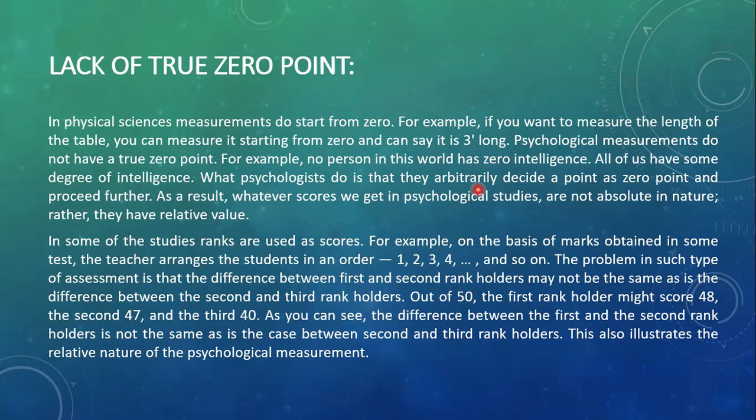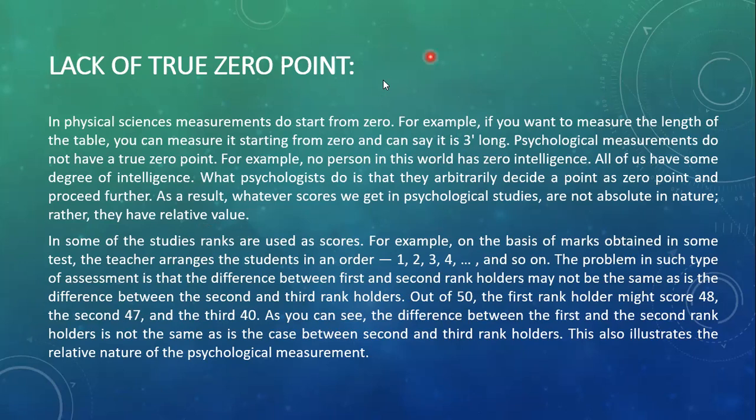They start a reference point by conducting research. They come to an arbitrary point, and with that reference, they start working on understanding behavior. As a result, whatever scores we get in psychological studies are not absolute in nature, rather they are relative values.